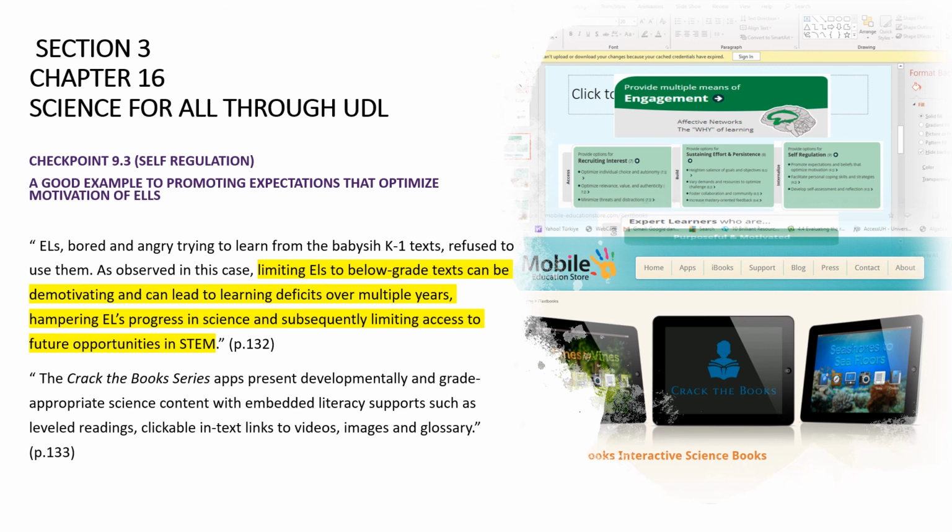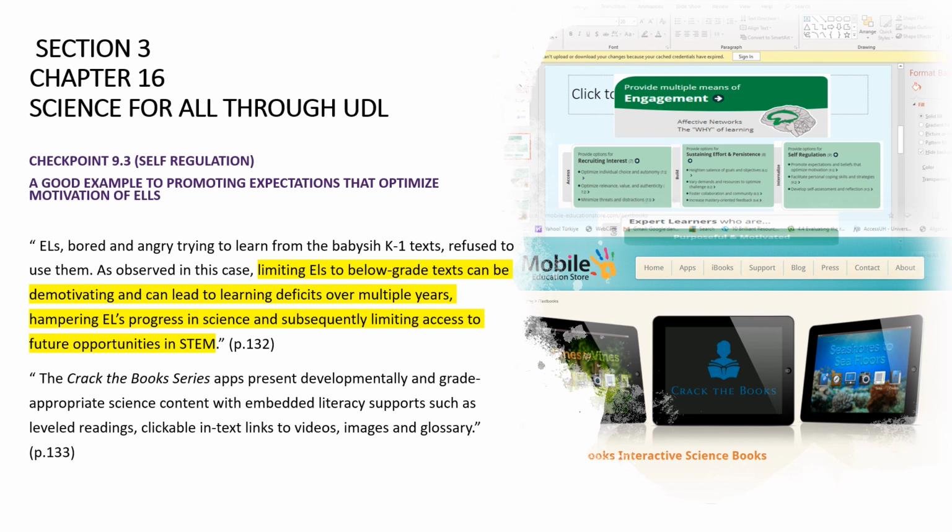Setting the same or similar expectations can sometimes be overwhelming. However, if we set too low level expectations or not age appropriate expectations, that can be demotivating too. So, as indicated in this chapter, such an attitude can even hamper ELLs' progress in STEM in the long run, which is very dangerous, I think.